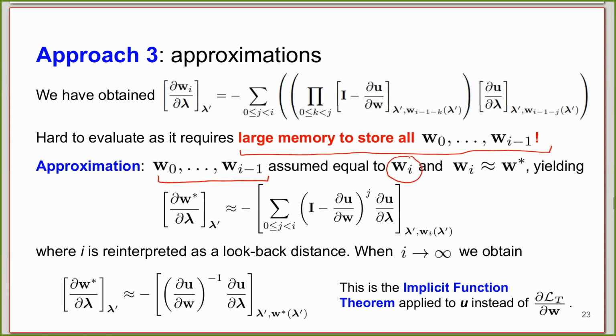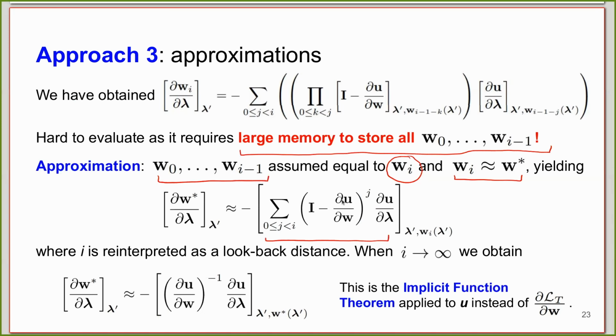Maybe you can approximate all the previous weights with just the weights you have right now, and then you don't have to store any memory. You don't need any memory to store previous weights. And you can just assume that the current weights are optimal. And if you do that, the previous equation, which looks quite complicated, is just now a truncated Neumann series. You have it here, it's just a sum of powers of the identity.